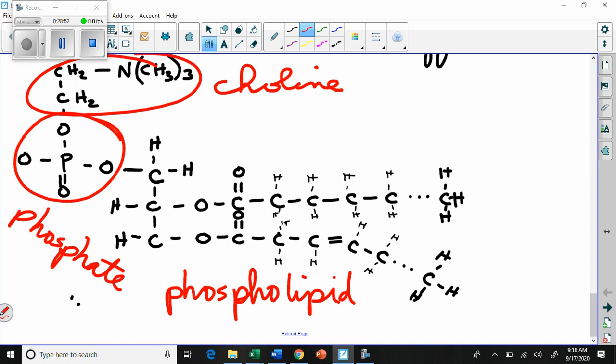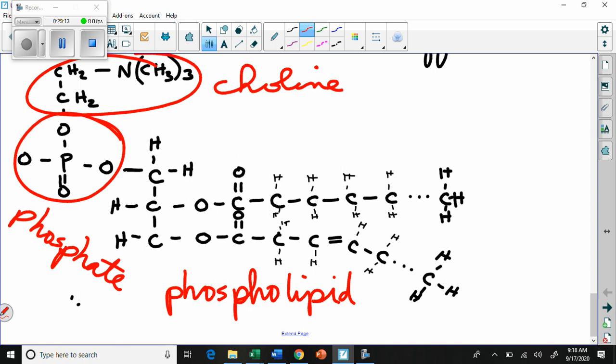And the reason I'm putting this up here is because this is a very important lipid. These phospholipids are actually the building blocks of cell membranes. You may have learned about the phospholipid bilayer that forms the fluid mosaic model of a cell membrane.